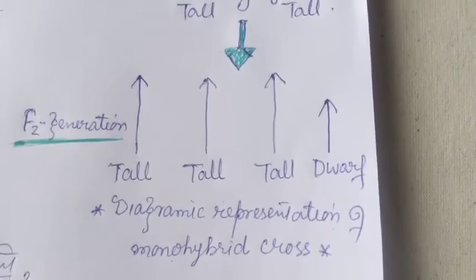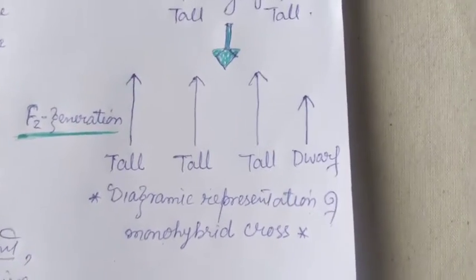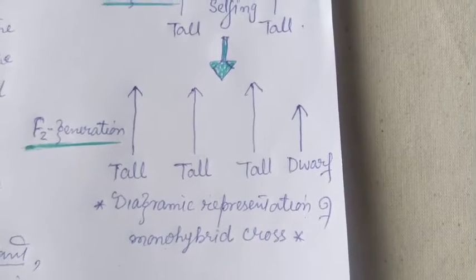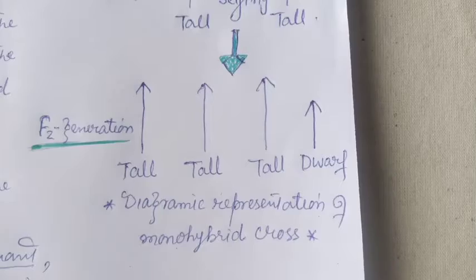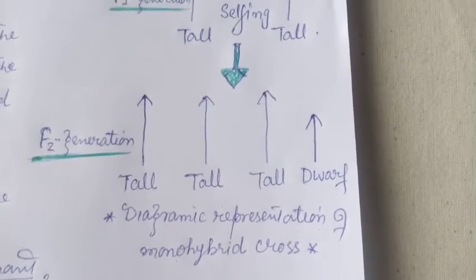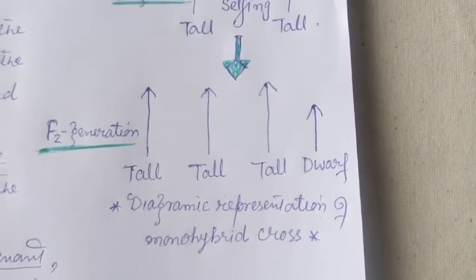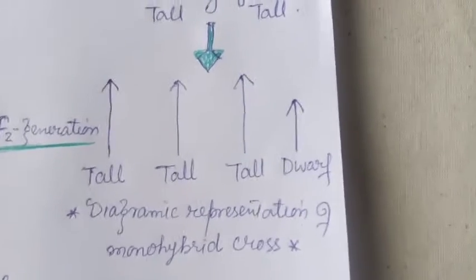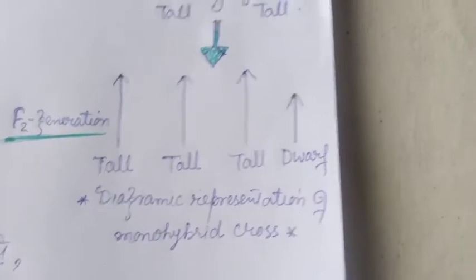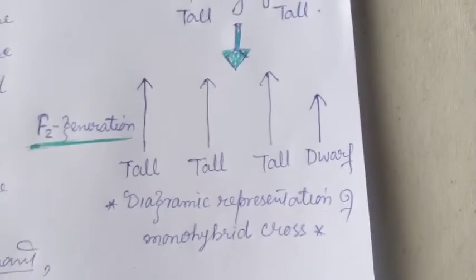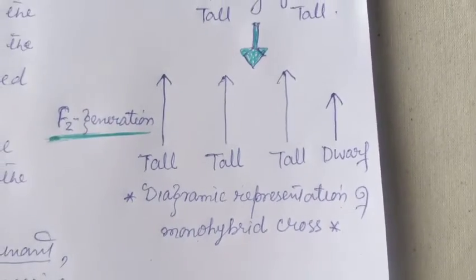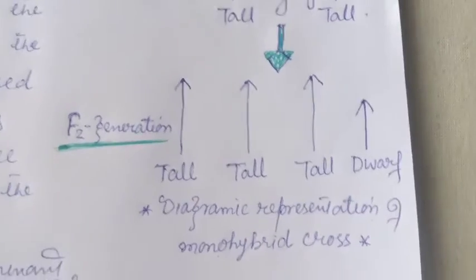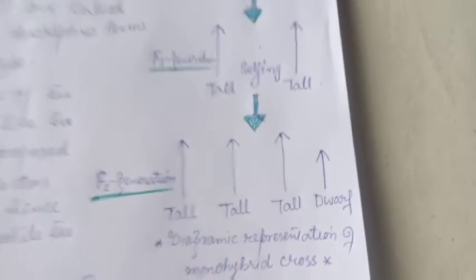That is to be remembered. Here we see that in the F2 generation, the ratio of tall to dwarf is 3:1, with 3 pure tall and 1 pure dwarf. None of the plants was intermediate or with blending characters. And this is the monohybrid cross.